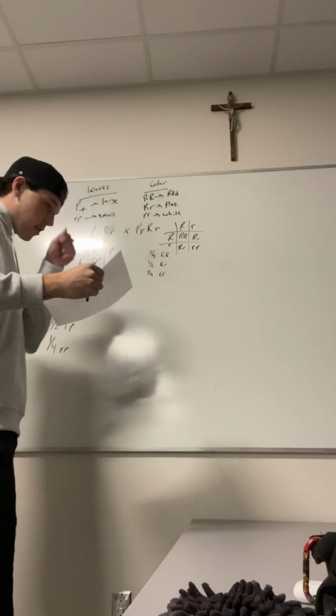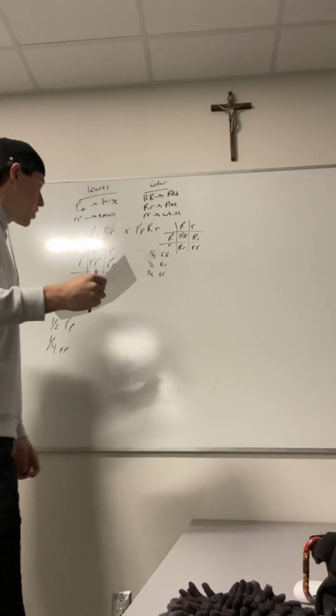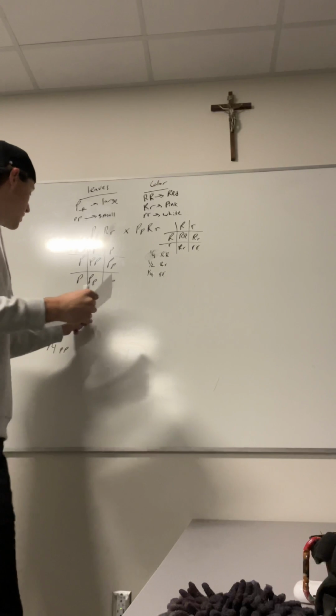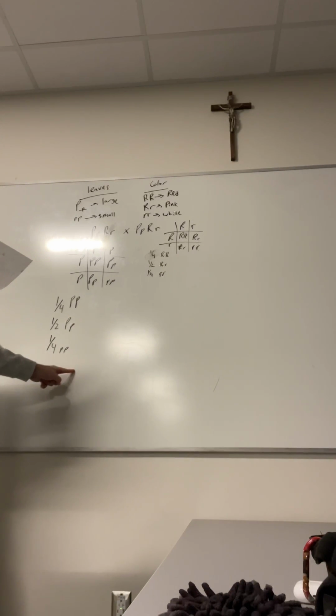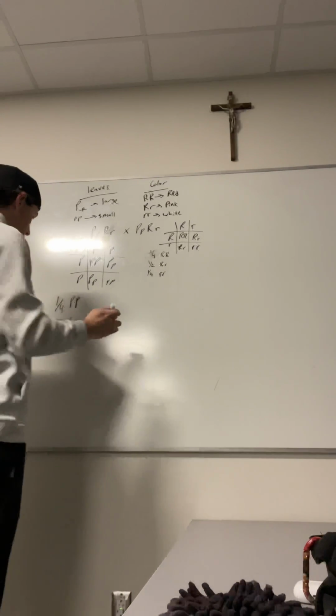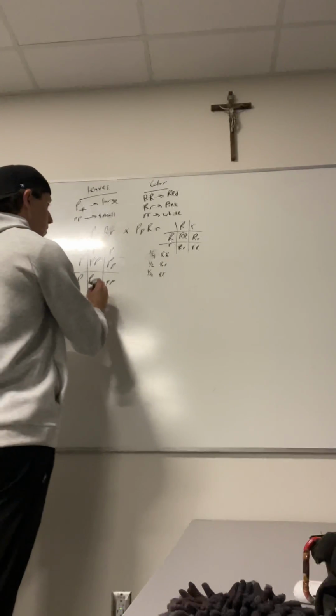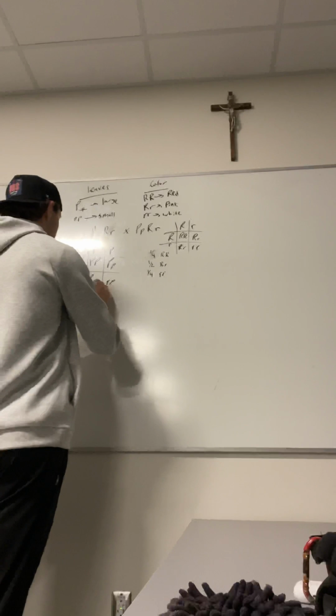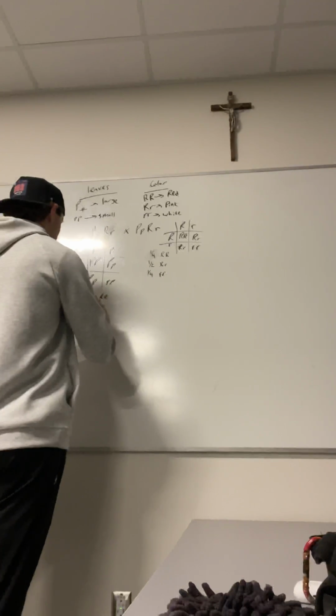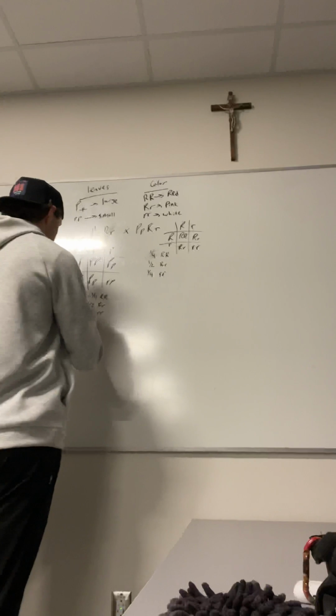And since you're doing a dihybrid cross, you want to put all these with each one of these. So therefore, you have to multiply by 1/4 capital R, 1/2 capital R, lowercase r, 1/4 lowercase r, and you do that for each one of these.